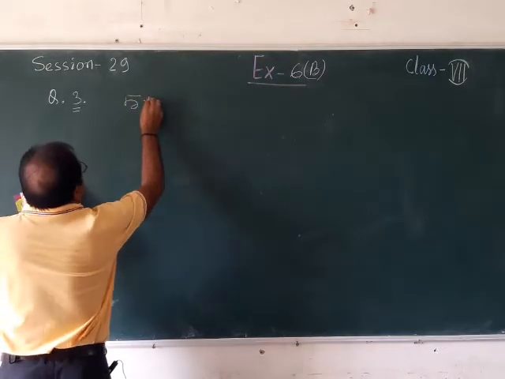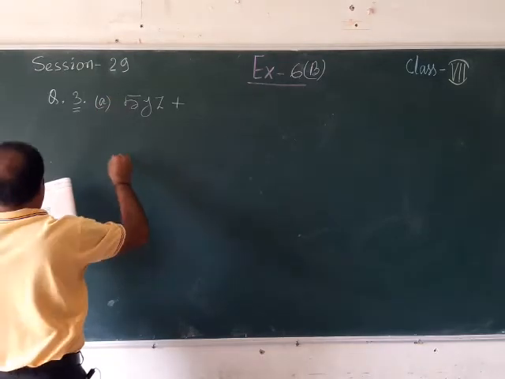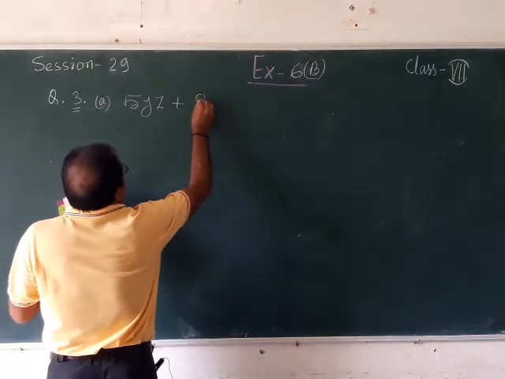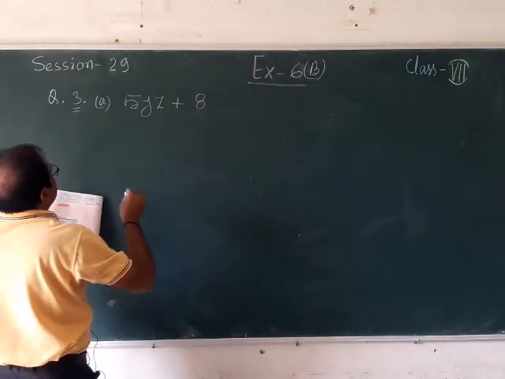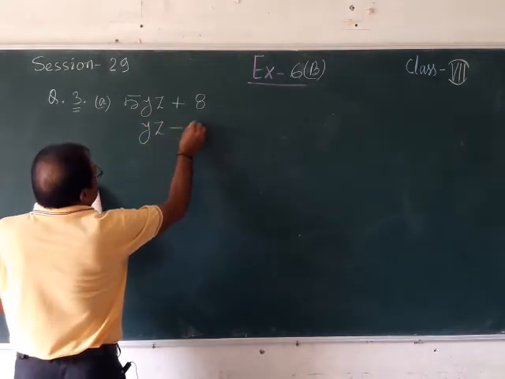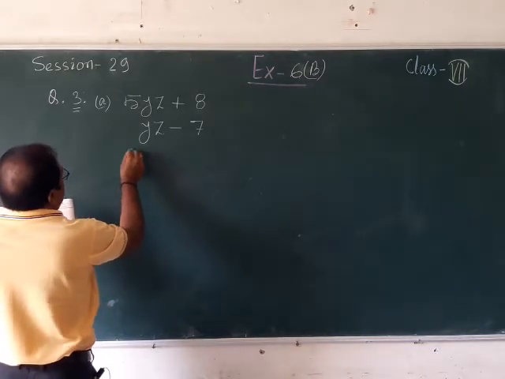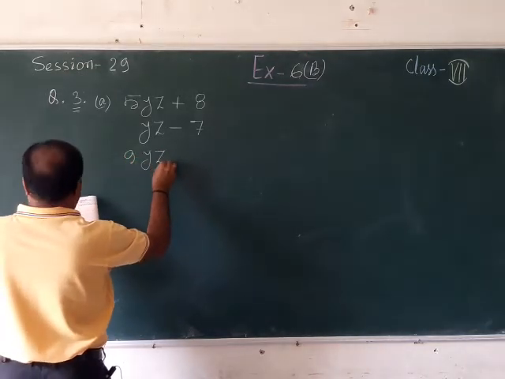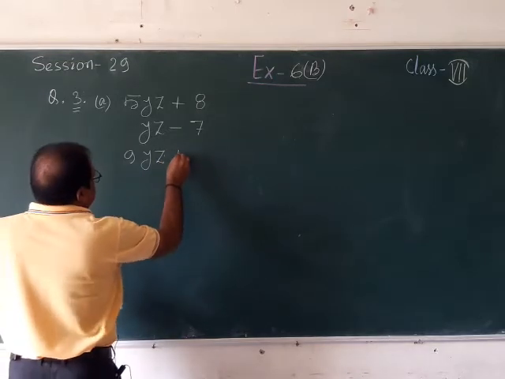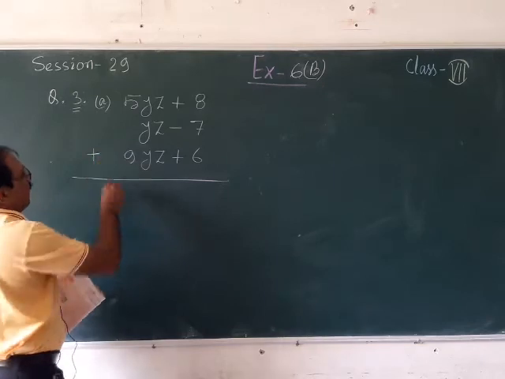The first polynomial is 5yz plus 8. The second polynomial is yz minus 7, and the third polynomial is 9yz plus 6. You want to add them.